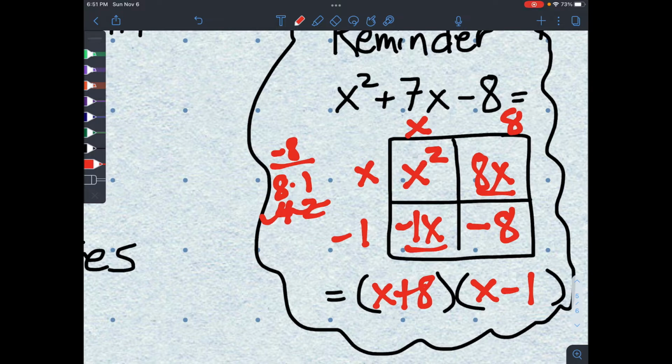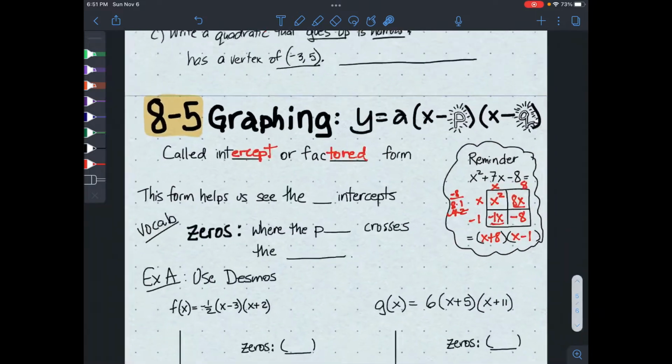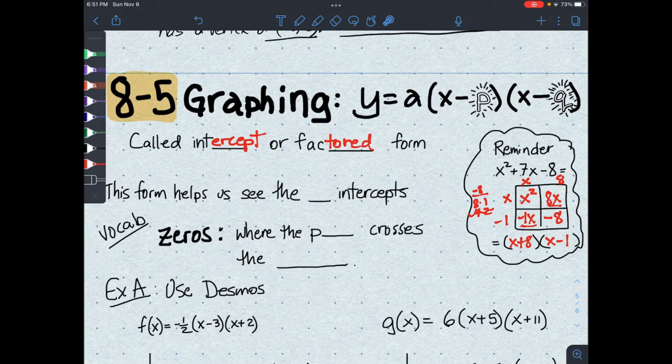So that's a skill that's going to come in handy today when you can take a polynomial in standard form and write it in factored form. This is going to help us with what we are calling our intercepts. So you will be able to see the x-intercepts in this type of graph. So that's one skill. Now they're going to use one piece of new vocab that we need to add to our list.